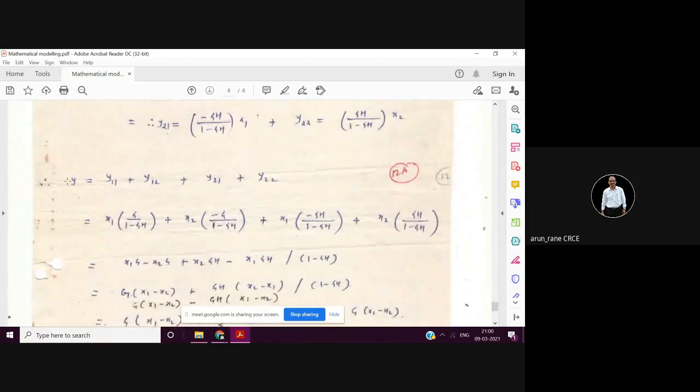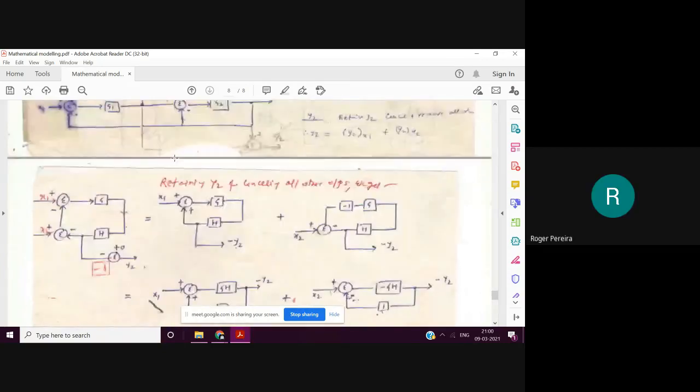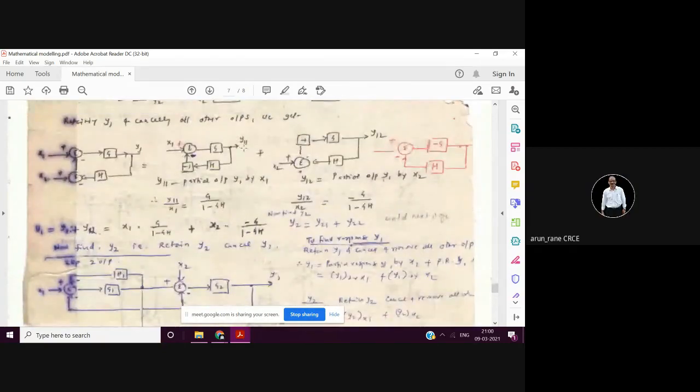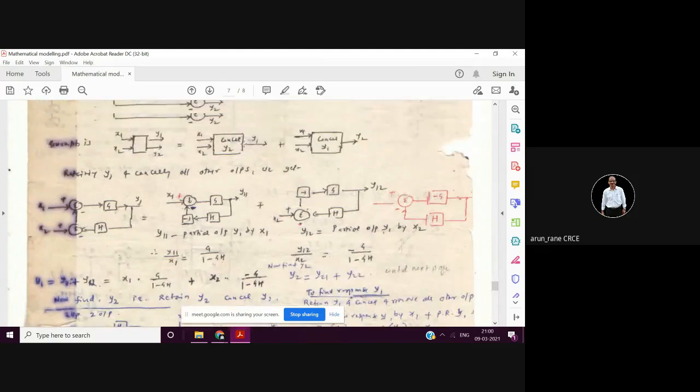So I have written it like this. See, so total y will be y1. See, this is y11 I have written, correct? So it will be y1 because of x1. That will be called y11.